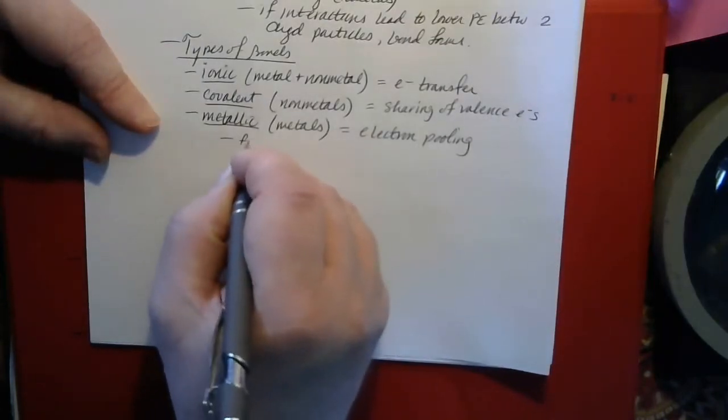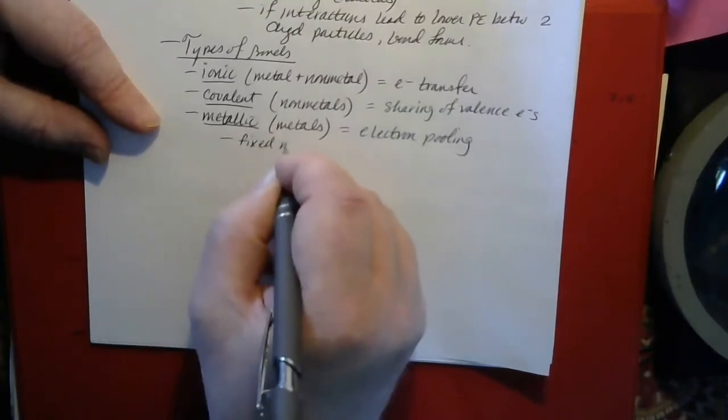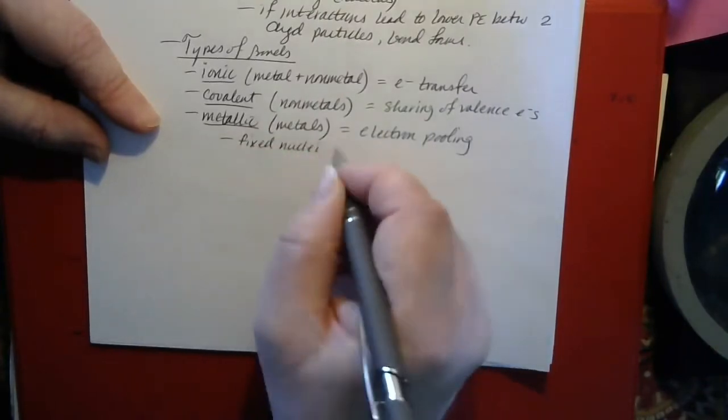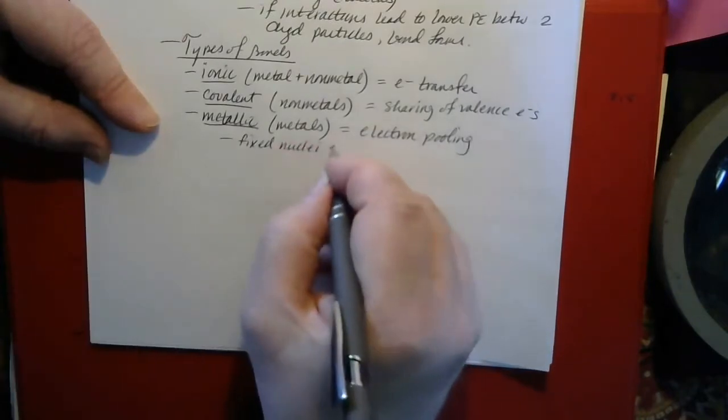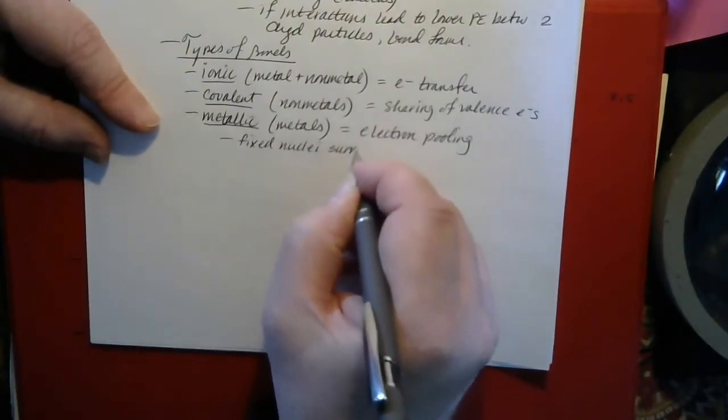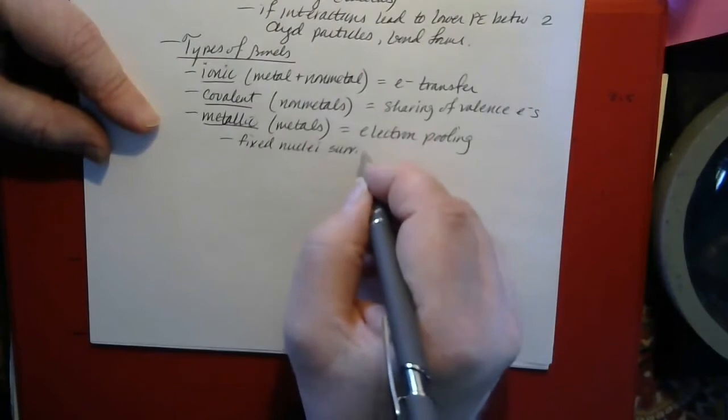So for this last type, you've got fixed nuclei surrounded by a sea of mobile valence electrons.